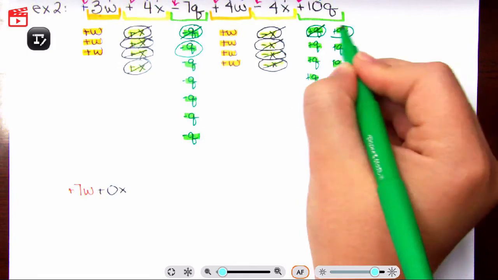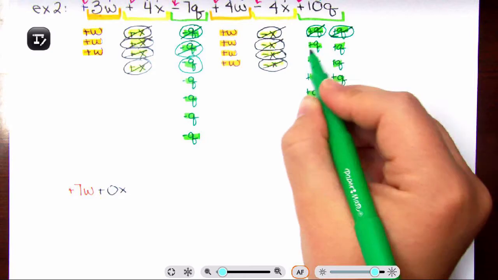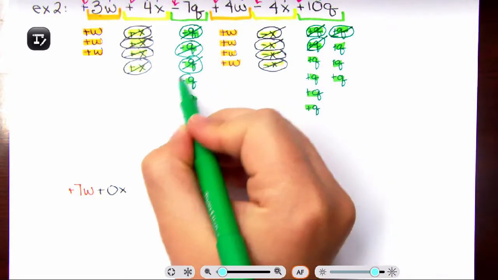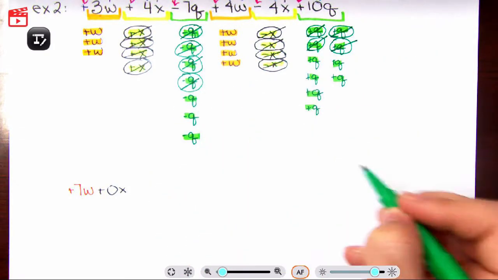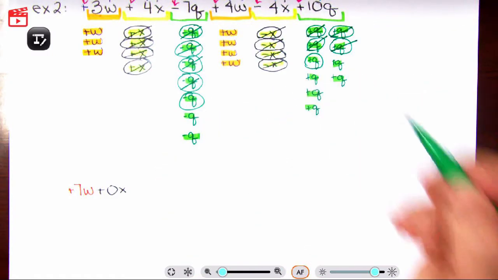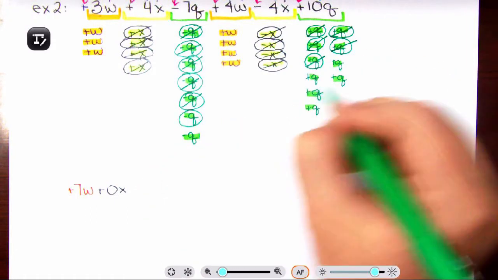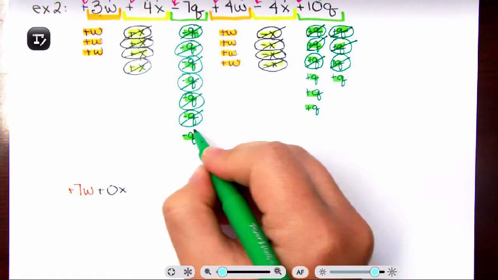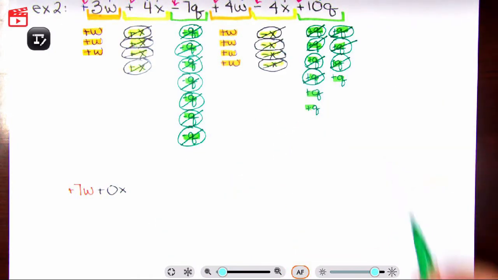I do this again and again, and our last one, 1 negative, 1 positive, equals 1 zero pair, and that gets crossed out. So what are we left over with?